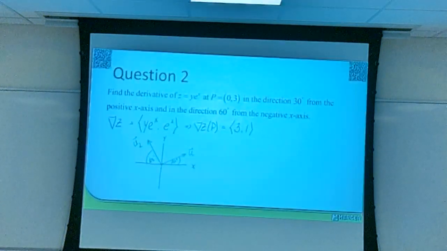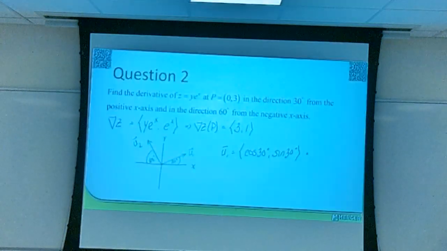Partial with respect to y. What's cosine 30? Root 3 over 2.